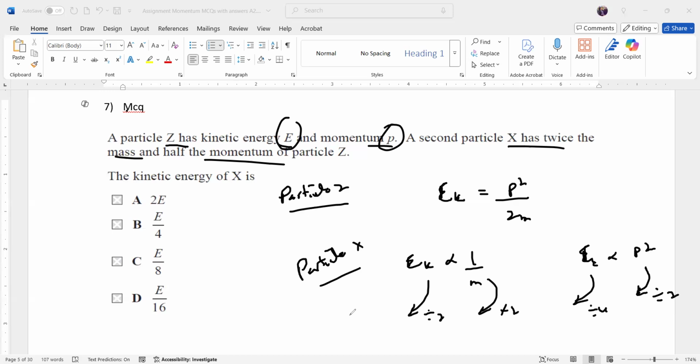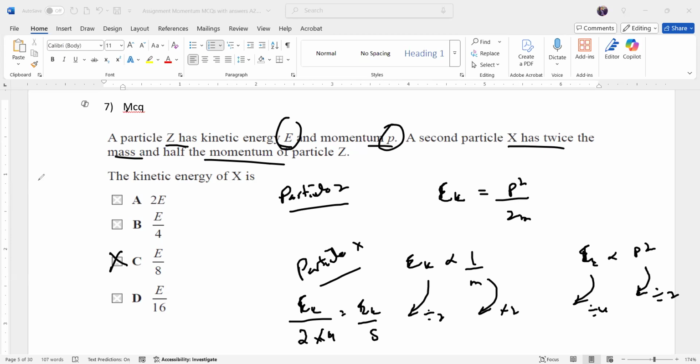So what is the overall change in the kinetic energy? Because of the change in the mass, it is divided by 2. And because of the change in momentum, it is divided by 4. So when we simplify this, because 2 multiplied by 4 is 8, it will become 1 by 8th of the original. So that's why C will be the right answer.